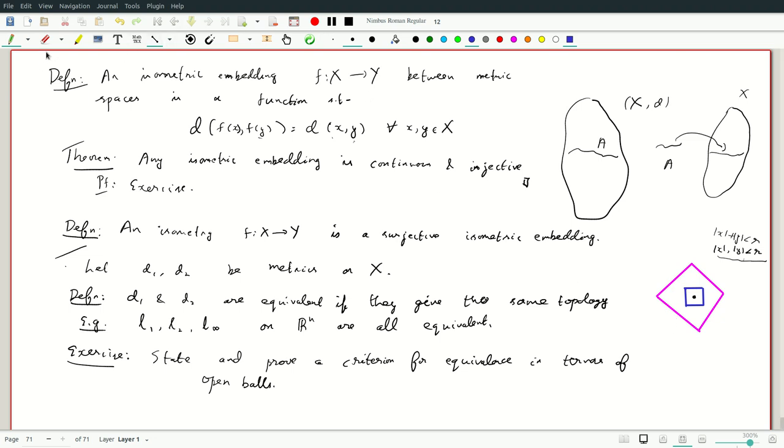Okay, and note, inside this we can find an L1 ball. Let's make it a bit thinner. So inside a square I can find a diamond containing the center, or indeed any other point of the diamond, and inside the diamond I can find a square, and so on ad infinitum.